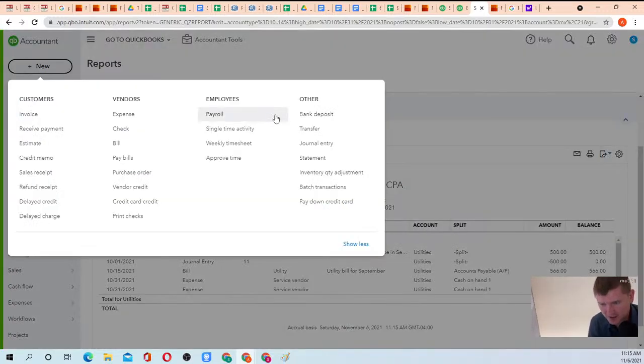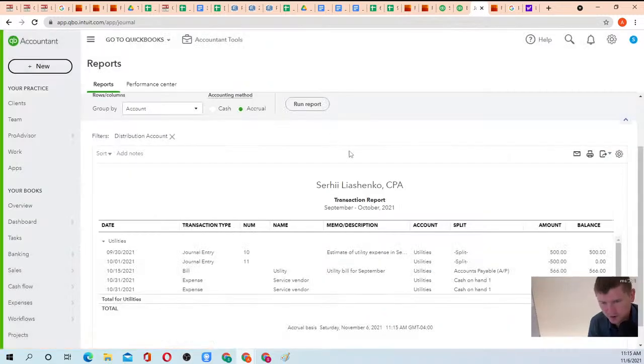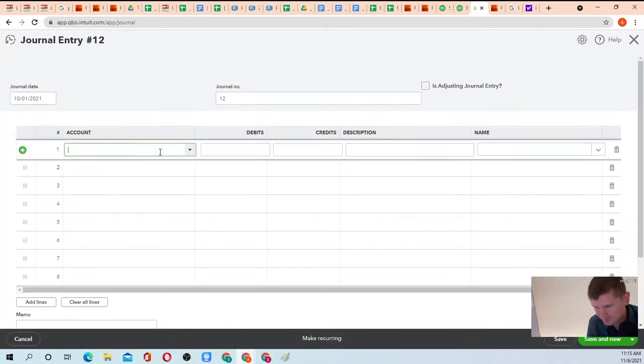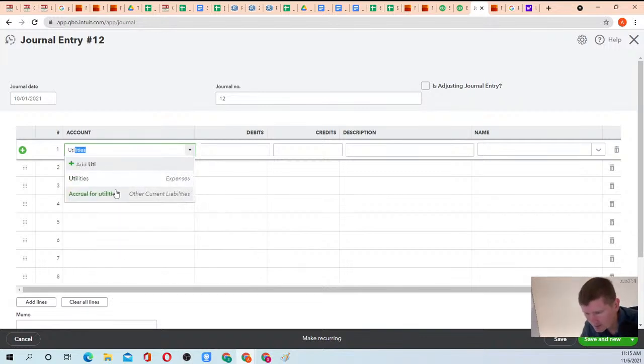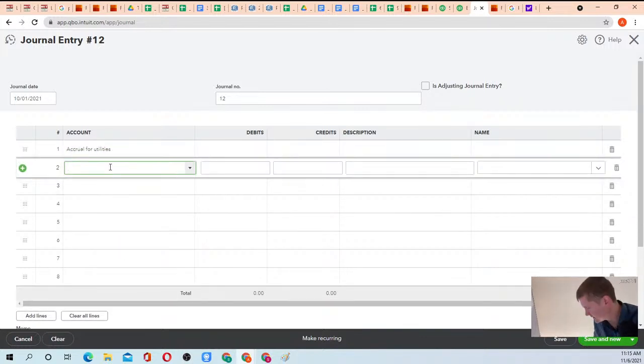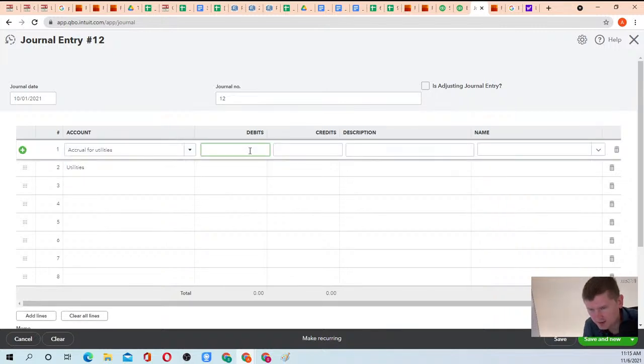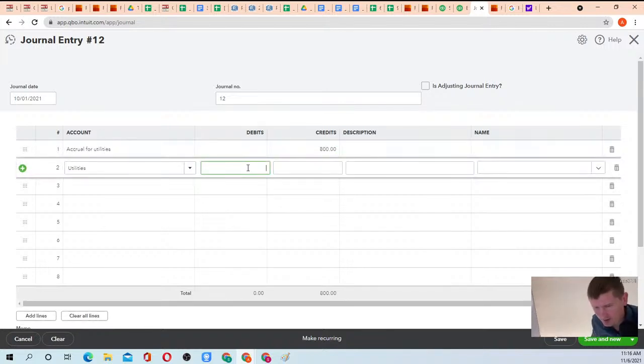And we do that estimate through journal entry, accrual for utilities and utility expense. That should increase on credits, and let's say it will be 800 and 800 expense here. If you have any questions, you can ask.